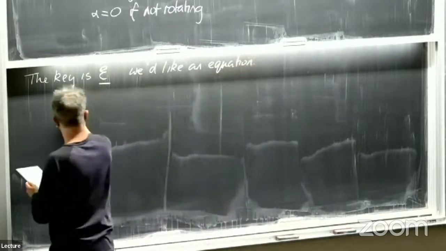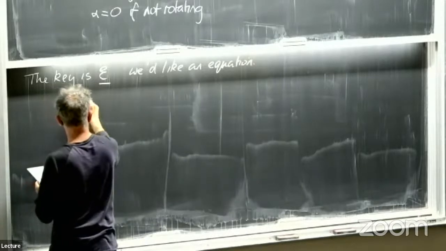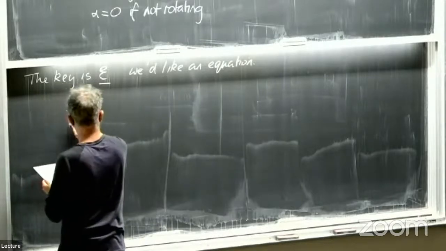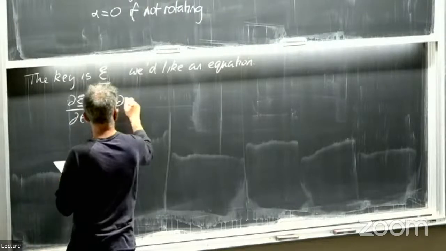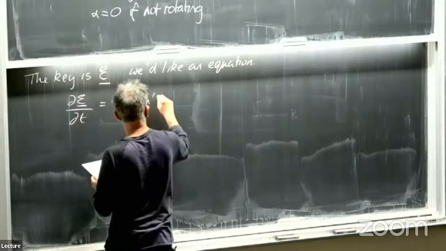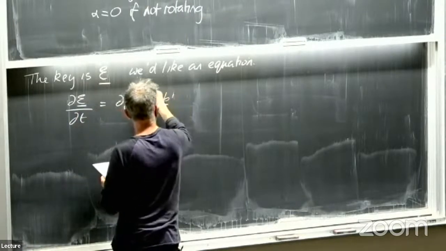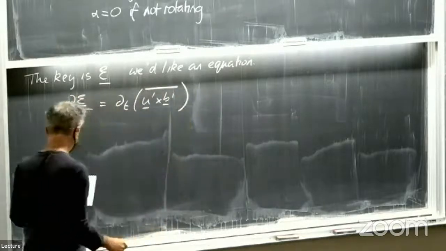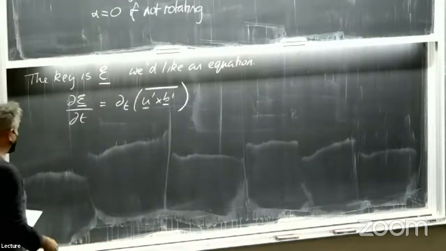So of course, let's just write out the equation for it. So dE by dt is d by dt of u prime cross b prime. Okay, so we can all do the product rule.